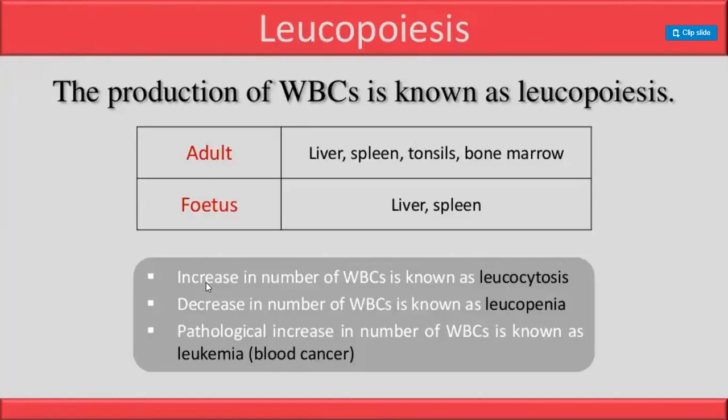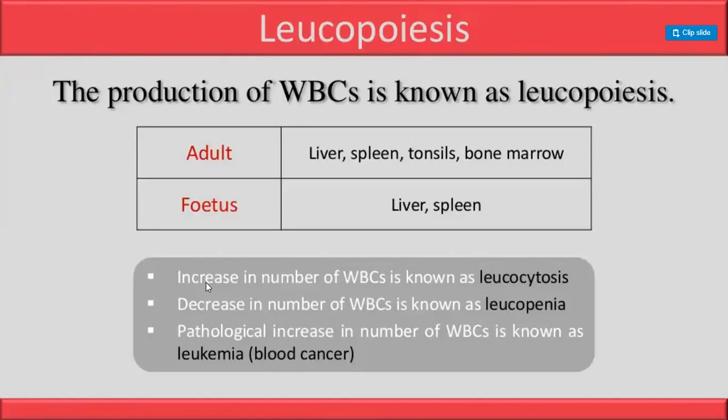And again, in a leukemia, you will find what we call blast cells. In the process of leucopoiesis, you will see what we call leucoblasts. But those leucoblasts are not supposed to be found in normal blood, because at the end of leucopoiesis, what we should get are leukocytes, not leucoblasts.